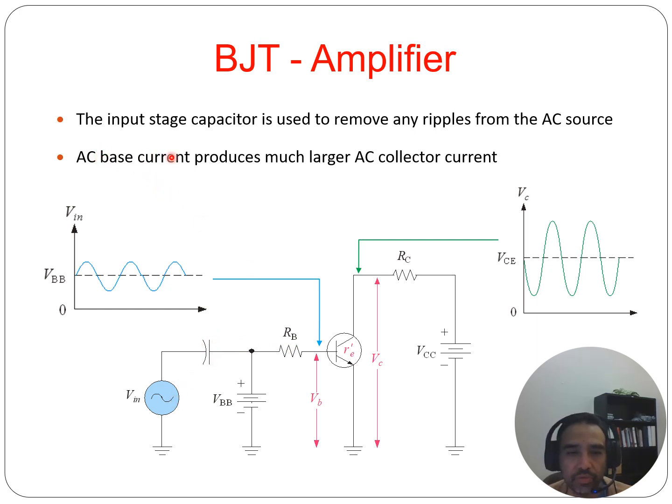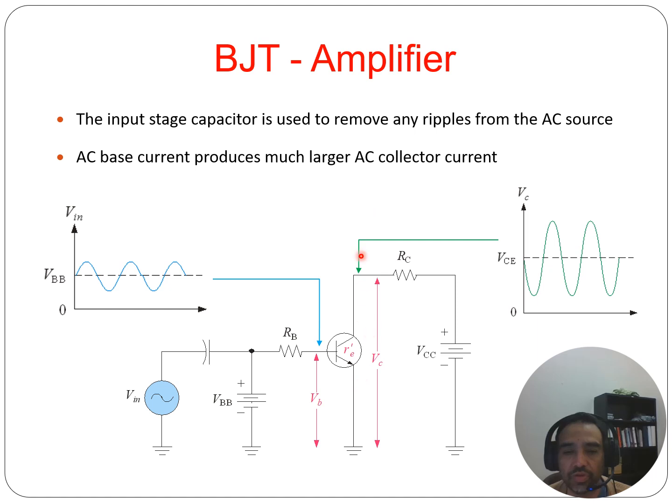This AC base current produces a much larger AC collector current. Notice that we have this tiny base current here provided by this source. And then on the collector side up here, the current flowing from collector to emitter, or electrons flowing from emitter to collector, is going to be much larger because our voltage on VCC is much larger than any output voltage.